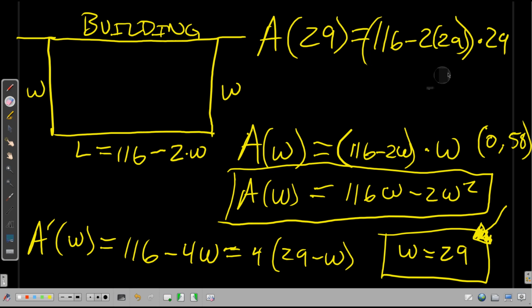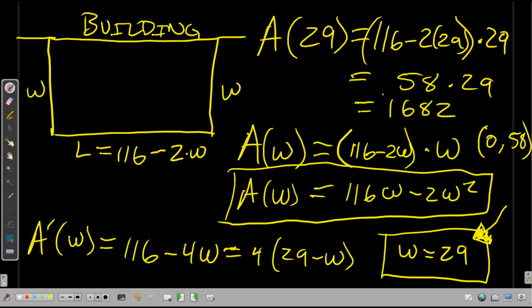So 116 minus 2 times 29, well, that's 116 minus 58, which is just 58. So this says 58 times 29. And I get that that is 1,682. So this is the maximum such area.